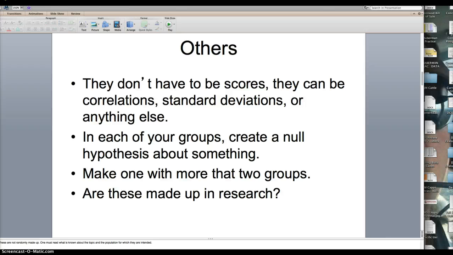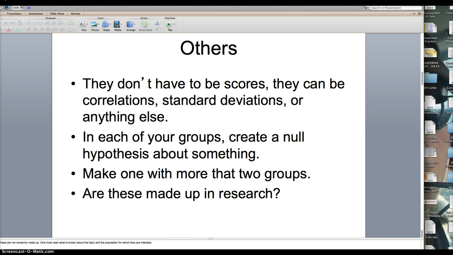And we're going to skip this part where we talk about creating your own. But basically, some of the things that come up are you could say that there's no difference between the average scores of ninth graders and the average score of 12th graders on some memory test. You could say there is no difference between the effectiveness of community-based long-term health care for older adults and the effectiveness of in-home long-term health care for older adults.